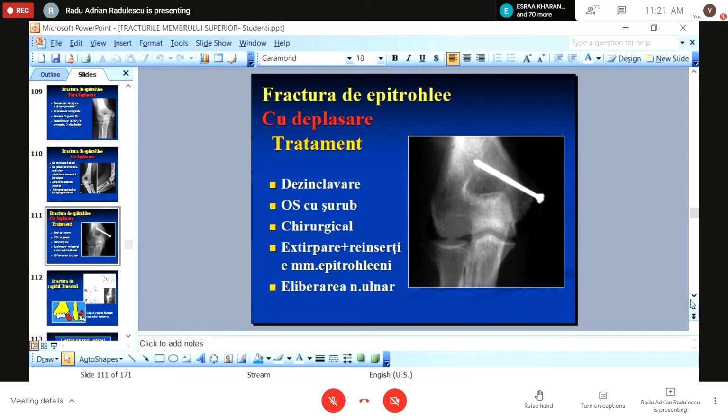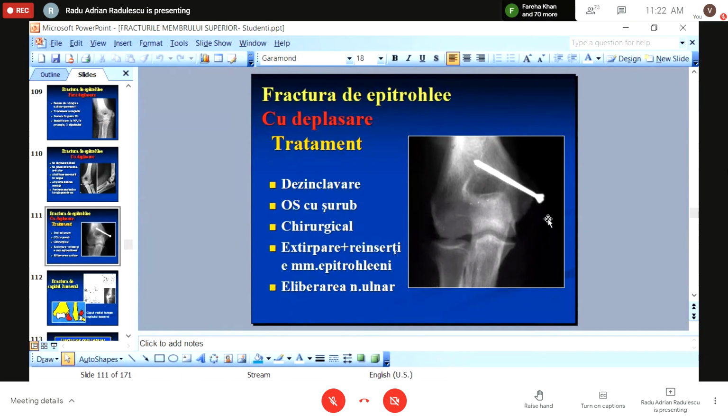Like I said, if the fracture is displaced, then we need to go for open reduction and fixation. Open reduction, of course, by going into the fracture site, and then we fix the fragment back in its place by using a screw, usually, if the fragment is big enough, like we can see here.